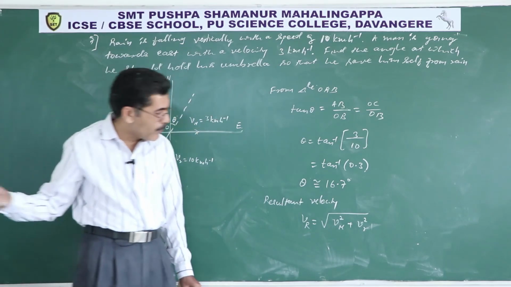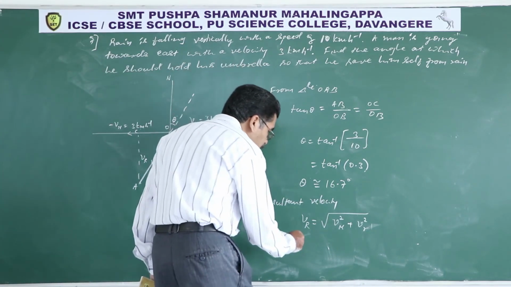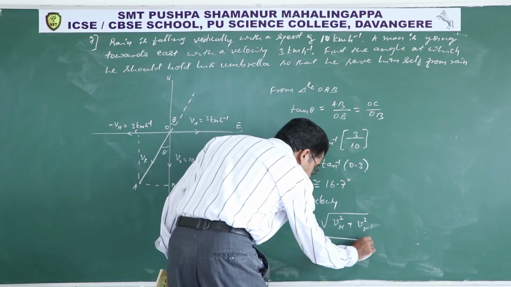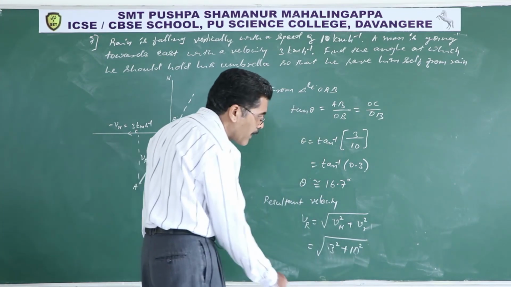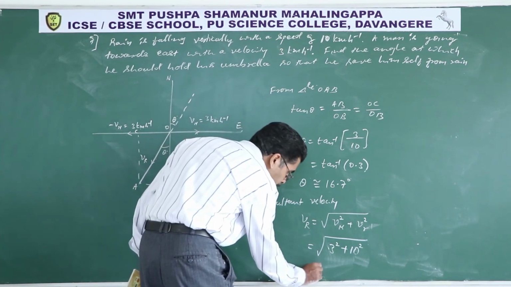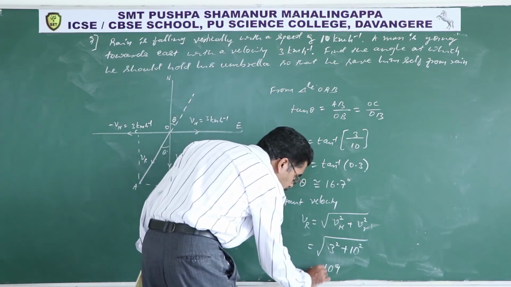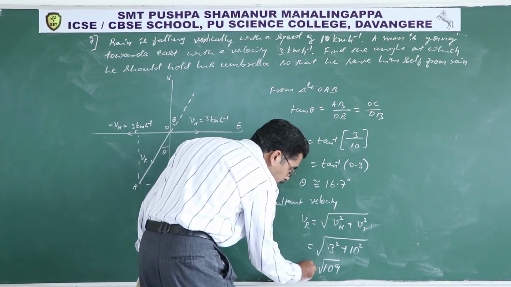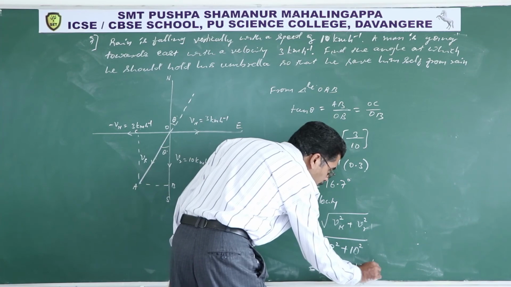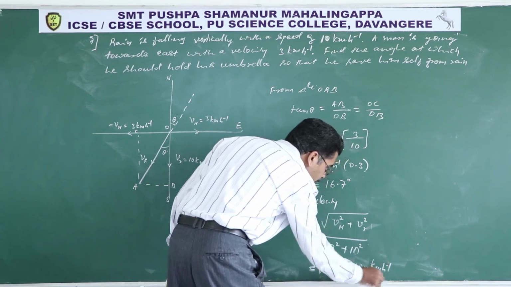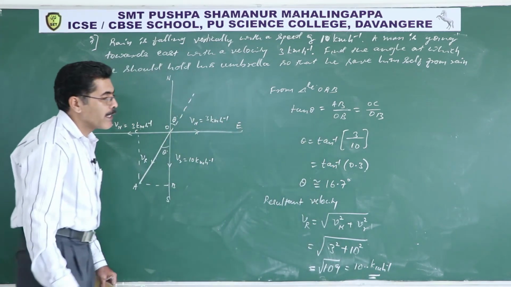Please put these values. The velocity of the man is 3 square plus 10 square, that is 109. Please find out, you will get 10 point something kilometers per hour. That is the velocity of the resultant.